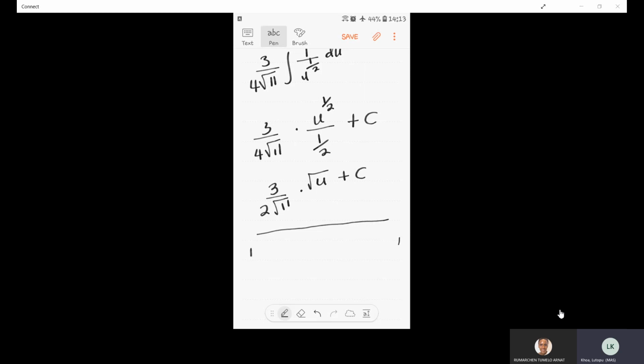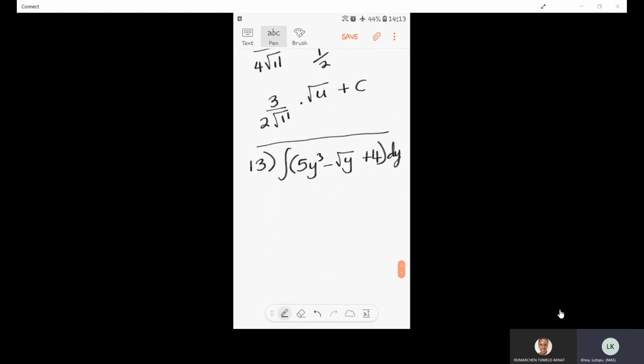And then number 13, we have the integral of 5y to the power of 3 minus the square root of y plus 4 dy. Now we want to integrate this. This is a sum. When we integrate a sum, we can integrate each term and then add all the integrals together.